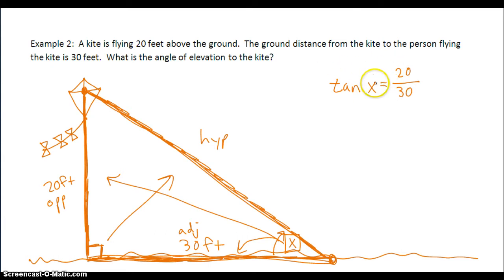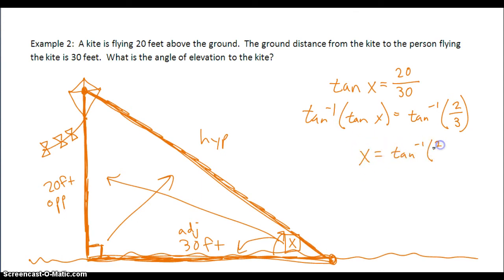Now, to solve for x, I need to undo what's happening to x. In this case, x is being tangented. I need to do the inverse tangent of both sides. 20 over 30 can be simplified down to 2/3. Tangent inverse and tangent undo each other, so I'm left with x equals the tangent inverse of 2/3.